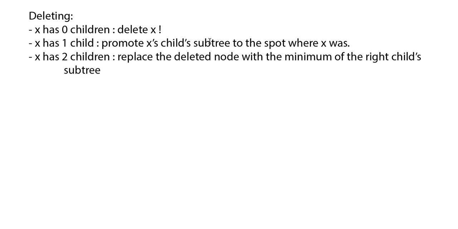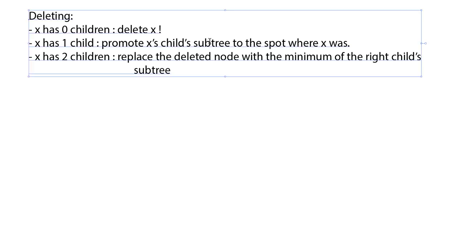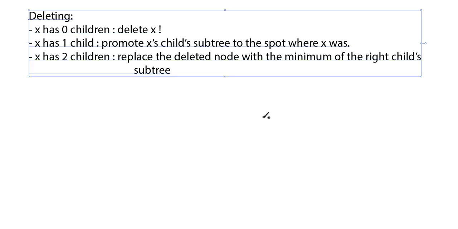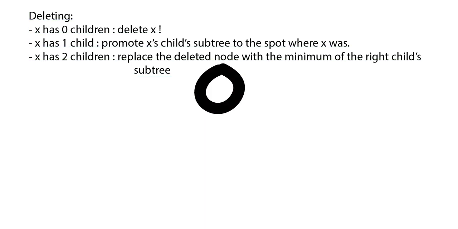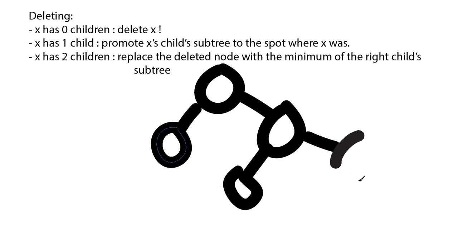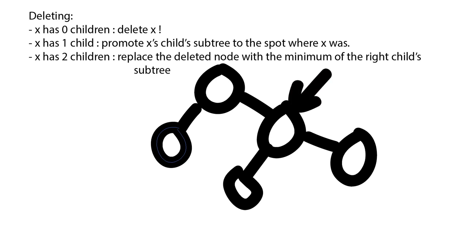So to show you why that is the case, let's say we have this tree. Okay, so we have this sort of tree, and we want to delete this node, right? So this is the node we want to delete, and we kind of want to get rid of it. So now what do we do? Well, in order to replace that, what do we take?